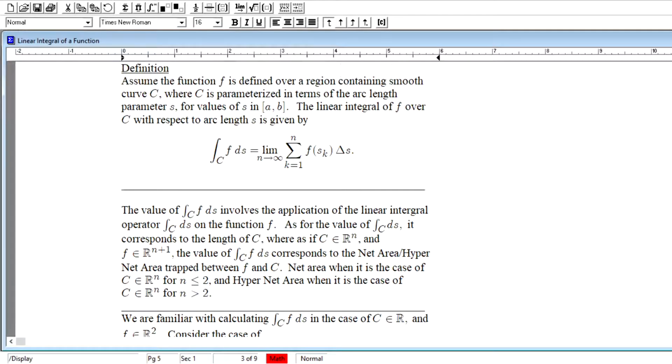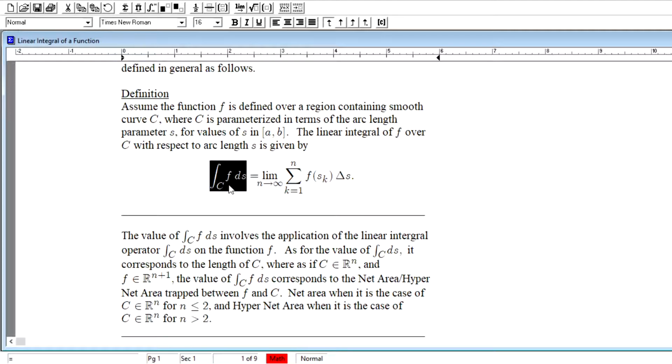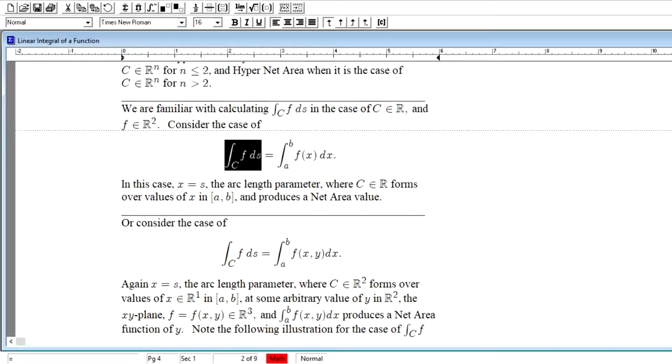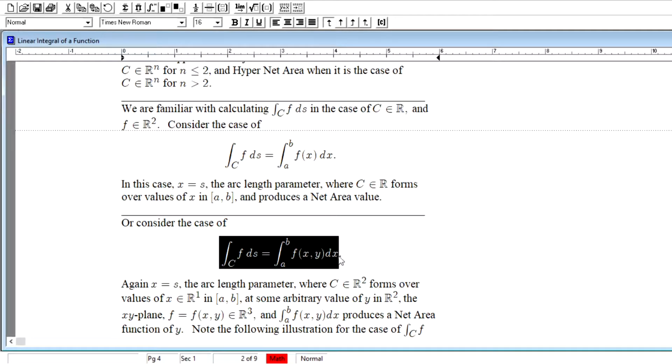So we have seen, to begin with here, this understanding of a definite integral calculation, or of a linear integral calculation in the context of definite integrals back in Calc 1, where that calculation was presented as the single integral from a to b for f of x dx. And we have considered this calculation for the linear integral of f over C with respect to arc length also back in the beginnings of multiple integration, where we understood this gave us a net area function.